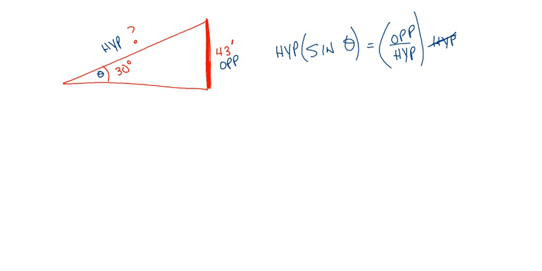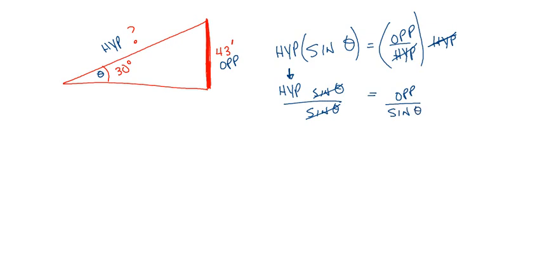The hypotenuse on the top is going to cancel the hypotenuse on the bottom, so I get that. The opposite is equal to the hypotenuse times the sine of theta. Now I want the hypotenuse by itself. I want this guy to sit all by itself. That sine's in my way, so if I come through here and divide by the sine of theta on the left, it cancels. Then I'd have to do it on the right as well.